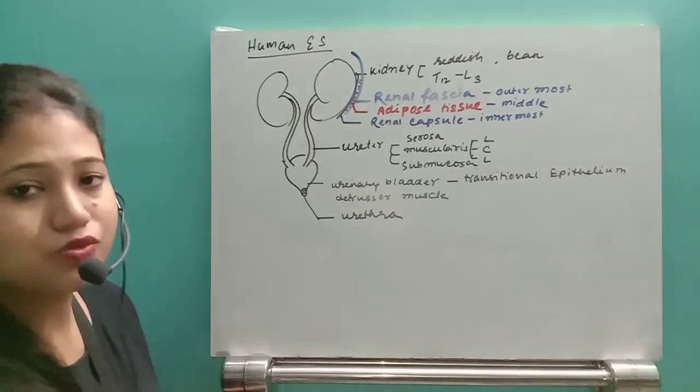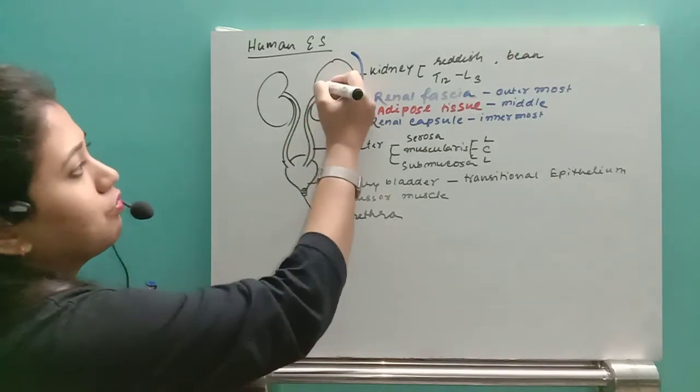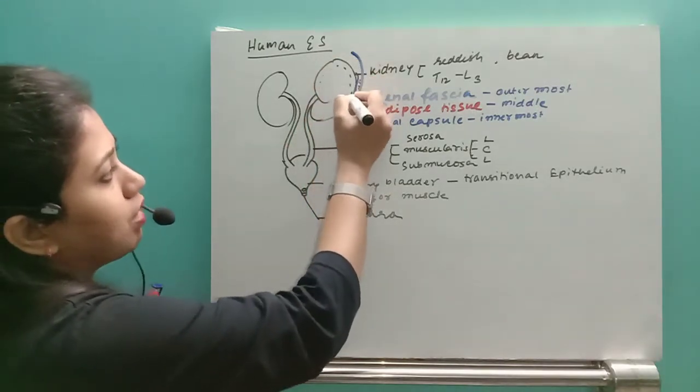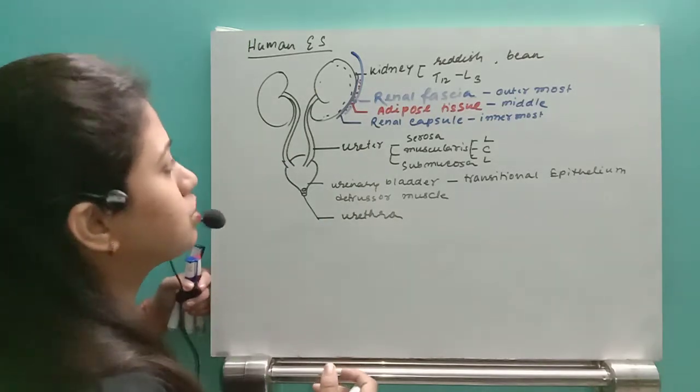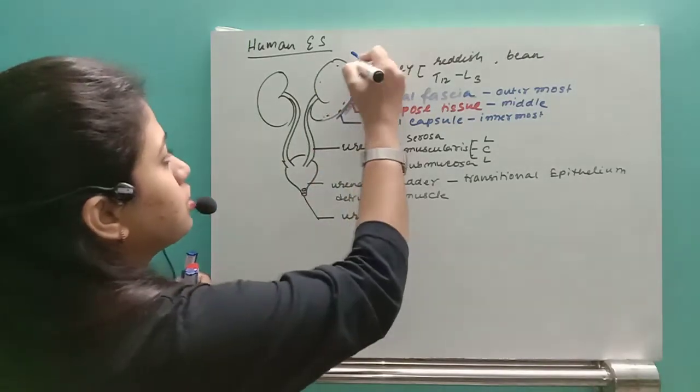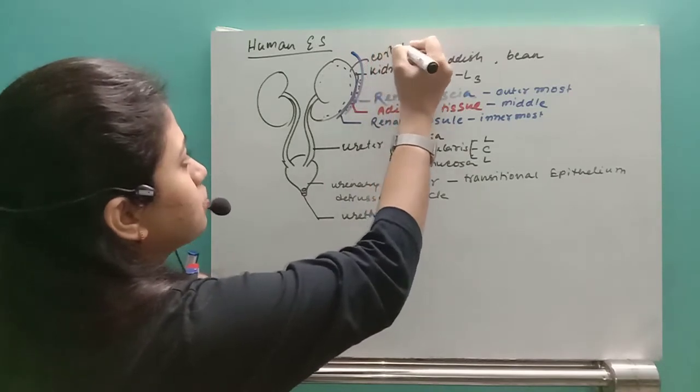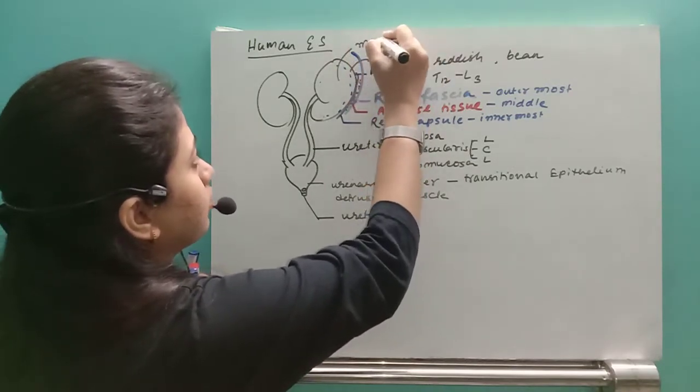Now after that, next one. If you see, this kidney is going to have two parts. One is the cortex part, and another, in almost the central region, is called the medulla. So this is the cortex and this is the medulla, right?